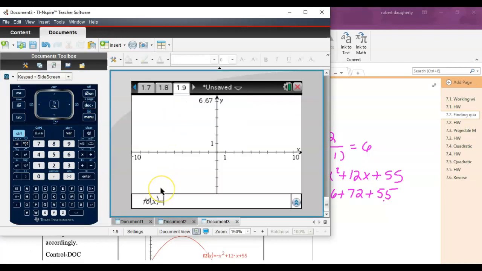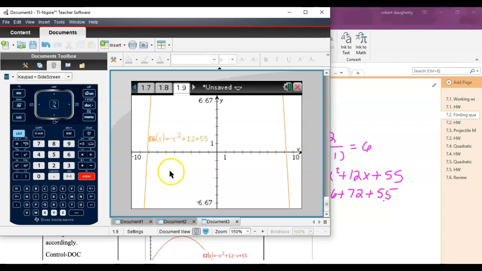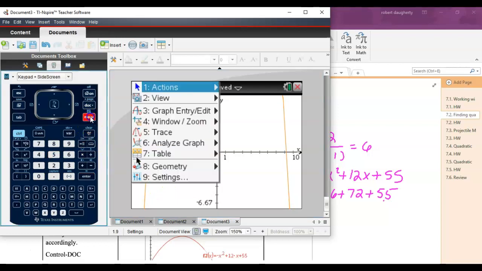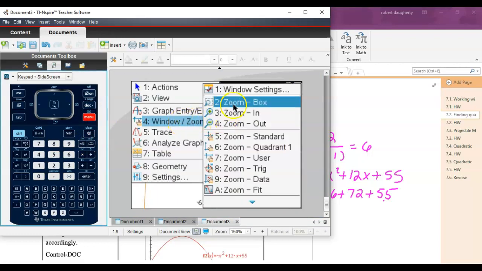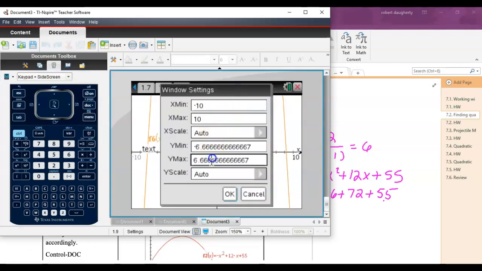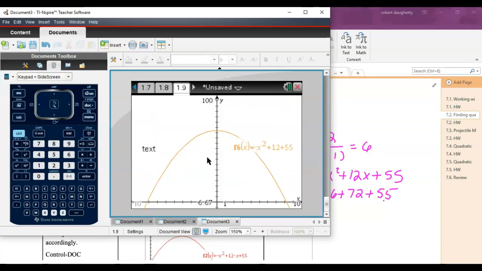So this graph was what, negative x squared plus 12x plus 55. And let's look at our window zoom. Let's take our y values from 0 to 100. I did something wrong here. Oh, you're right. Yeah.